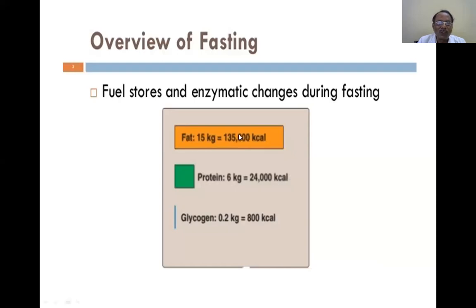So this is the stored energy in the body. In the form of protein, 6 kg can be released. Normally, the protein is present in the muscles, various types of muscle cells. A part of this protein can be liberated and used in dynamic form to produce glucose.